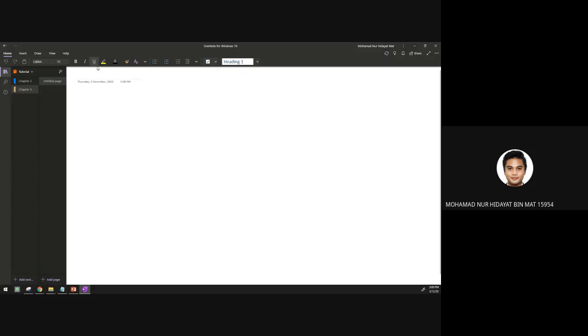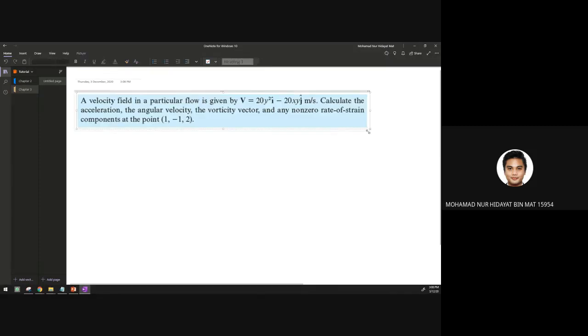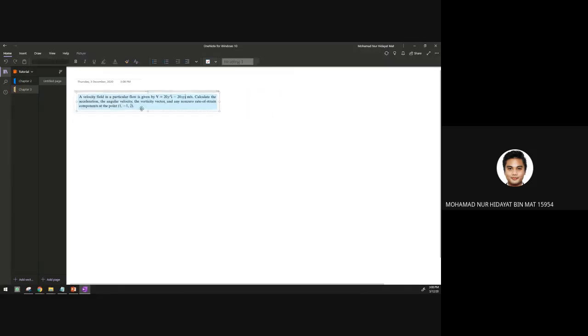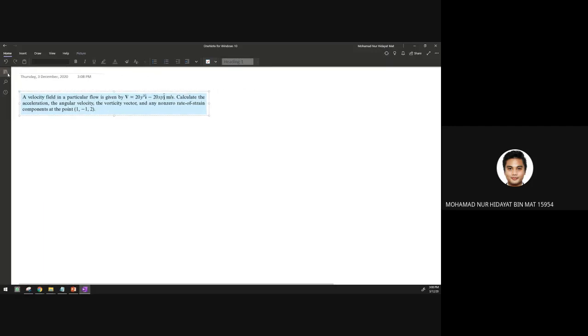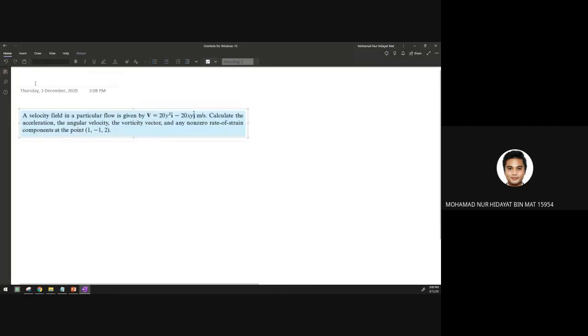So let's take a look at this question. The question is, the velocity field in a particular flow is given by, this is capital V, remember?